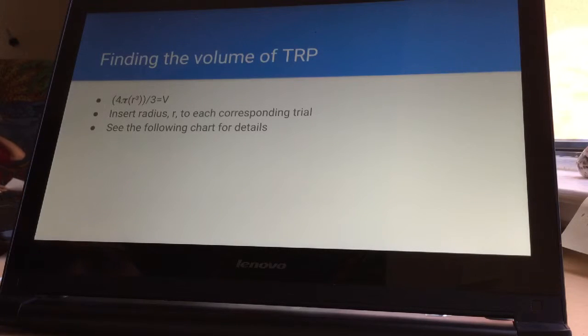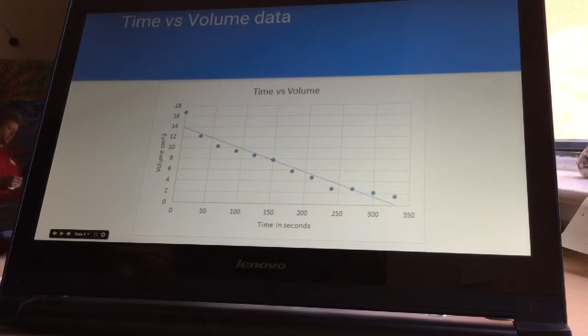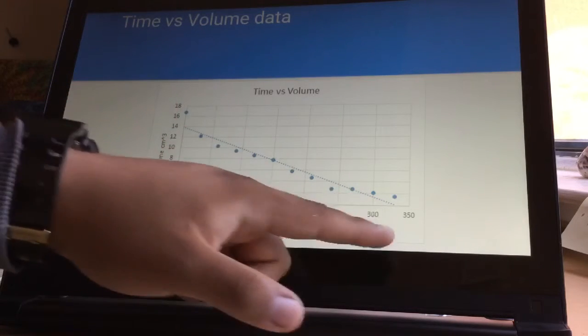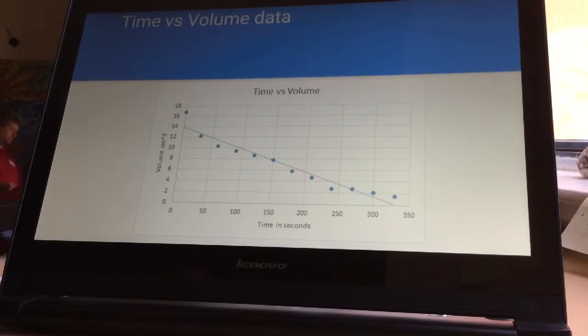Since we assumed a perfect sphere, we use the formula for the volume of a sphere, 4/3 pi r cubed. We then plugged in the radius of each corresponding trial to obtain the values of volume as it decreased. This chart shows the change in volume over the period of 330 seconds.